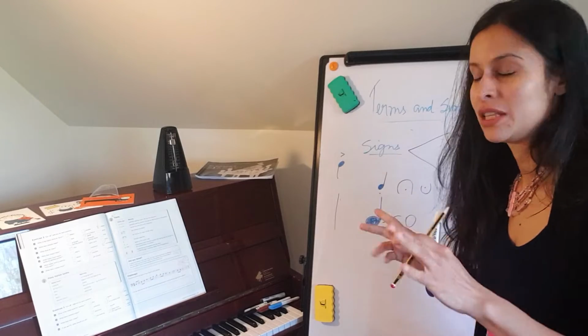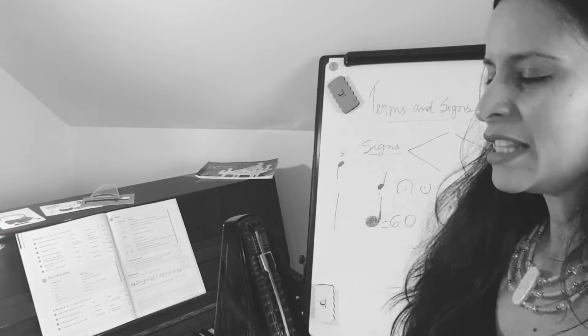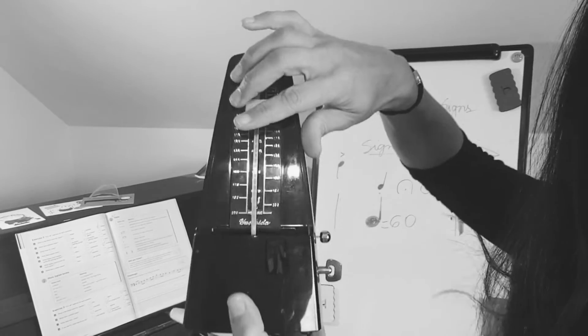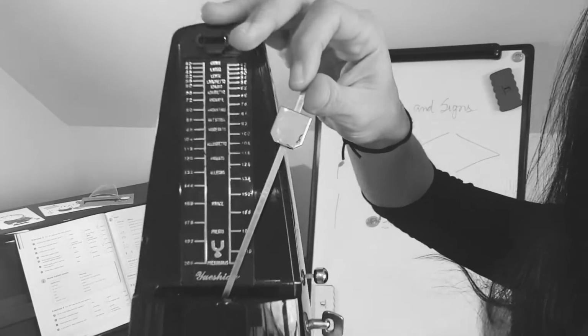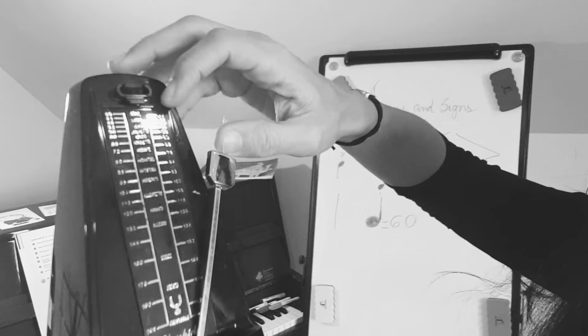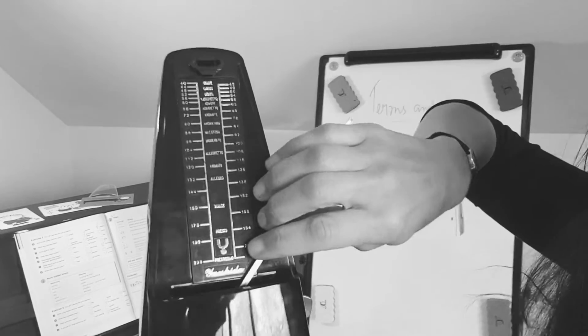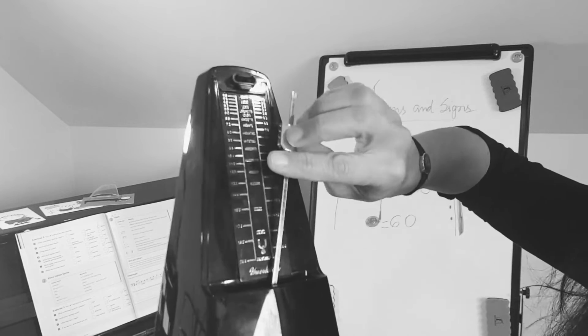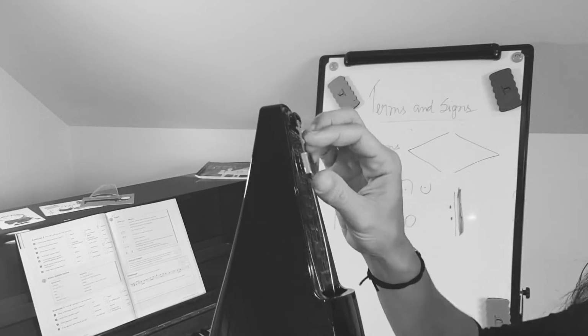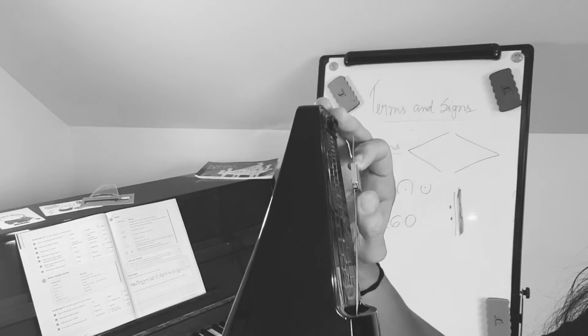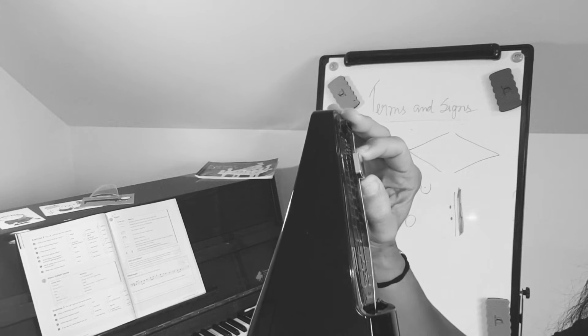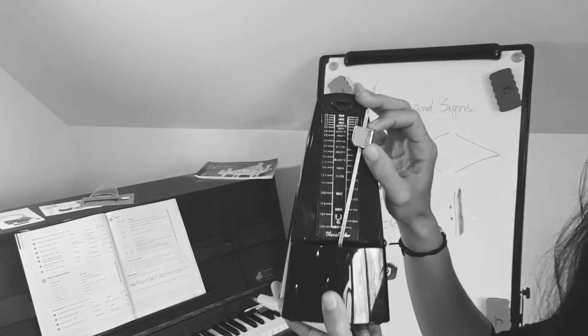Let's get our friend the metronome here. I'm sure you love it. So this metronome has some indications of tempo, the names here, yeah? From grave, which is the slowest here, to prestissimo, which is the fastest. So let's put it at 60, which says here it would be like adagio.